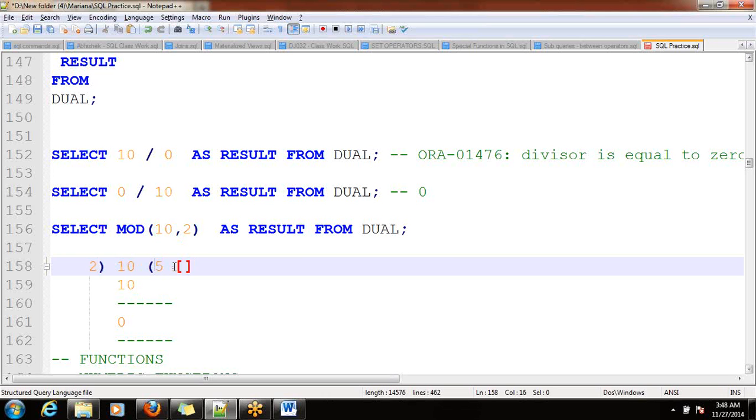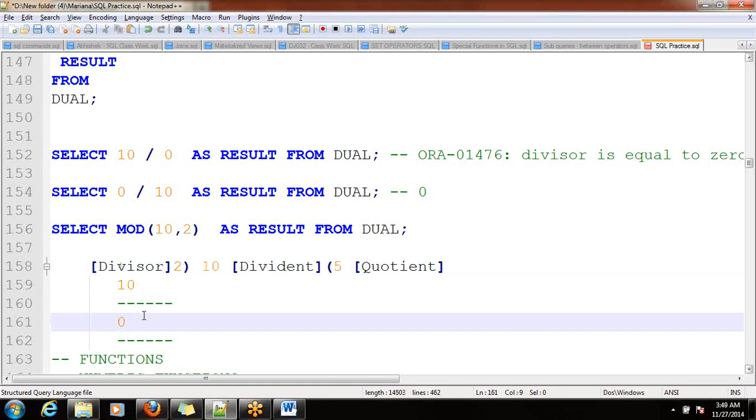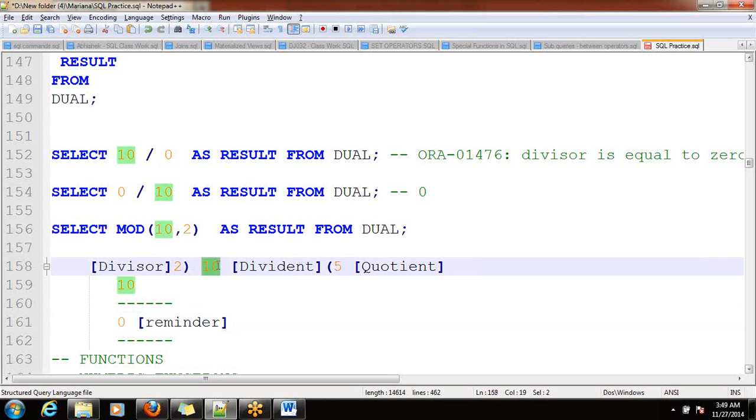I'm sorry, I didn't understand the meaning of remainder. Quotient. You don't understand the meaning? Divisor and this is dividend and this is remainder. Okay, basic mathematics. I know that now.